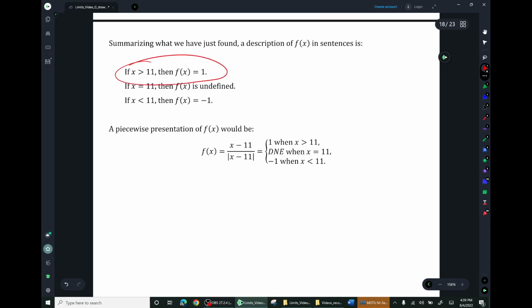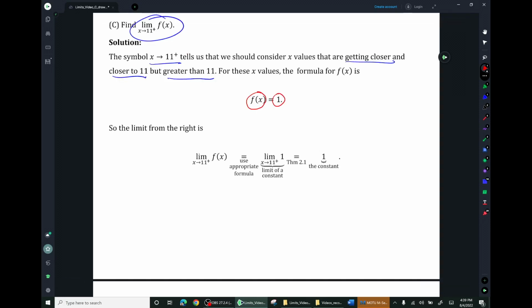Remember, when x is greater than 11, the formula for f of x is f of x equals 1. So to compute our limit, we start by writing down the expression that we're supposed to find, the limit as x approaches 11 from the right of f of x. And then we swap out this f of x with the appropriate formula for f of x, which is just the number 1.